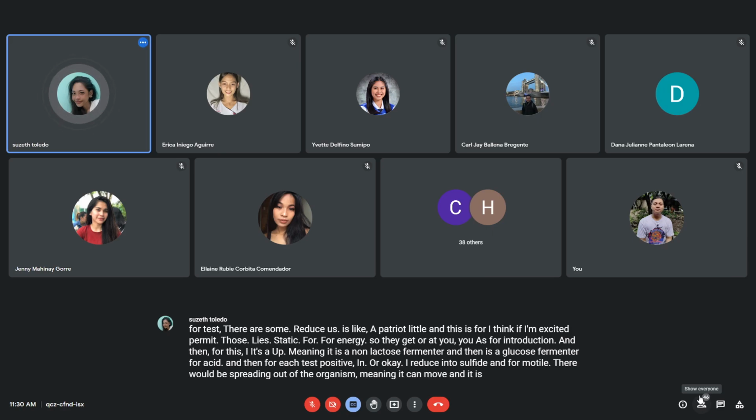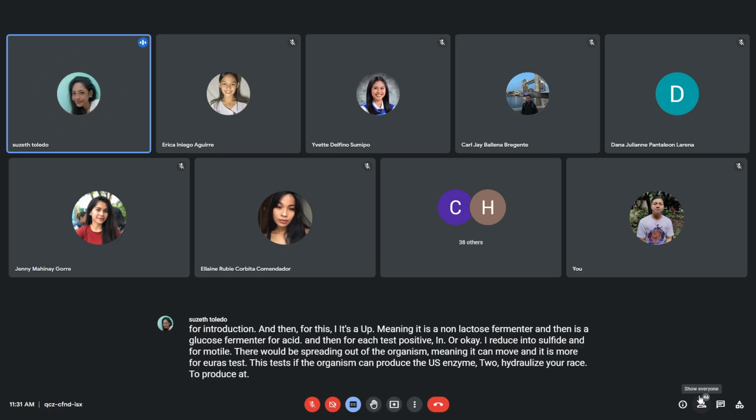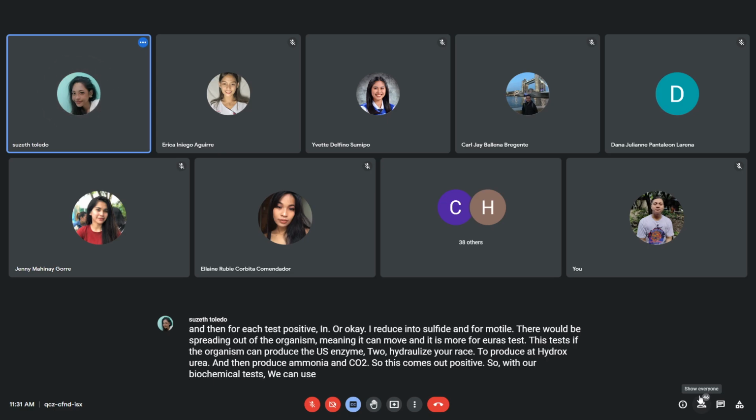For the urease test, this tests if the organism can produce the urease enzyme to hydrolyze urea and produce ammonia and CO2. So this comes out positive. With our biochemical tests, we can use this to identify our organism.